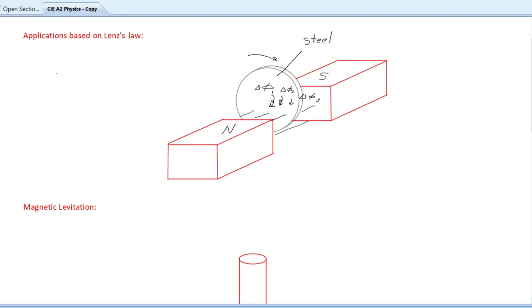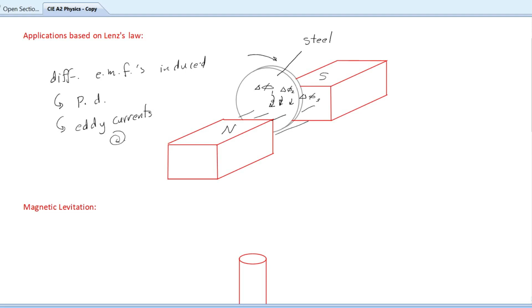So you have different EMFs induced. This creates a potential difference, and this potential difference causes currents. These currents are called eddy currents. And they're called eddy because they're just spiral currents.